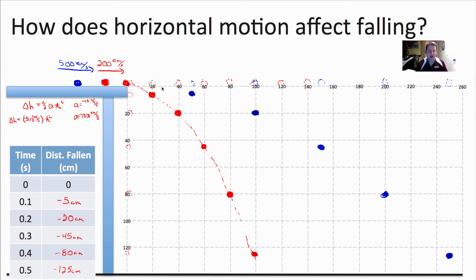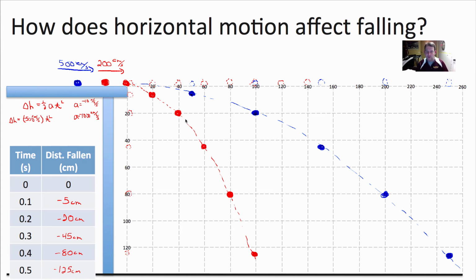So the faster we travel, we don't fall any faster. We're still falling 5 centimeters in the first 0.1 seconds, but we do move farther sideways as we fall. So this blue one would follow roughly this path right there. Okay, so notice at every 1/10 of a second, these are directly across from each other.